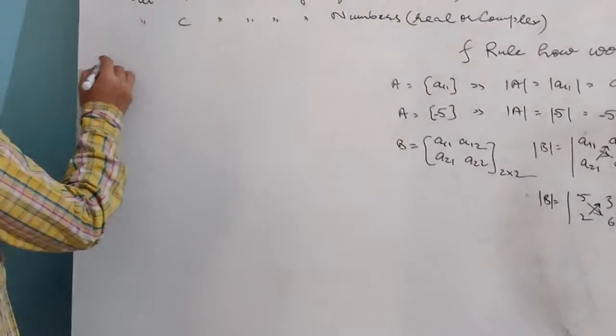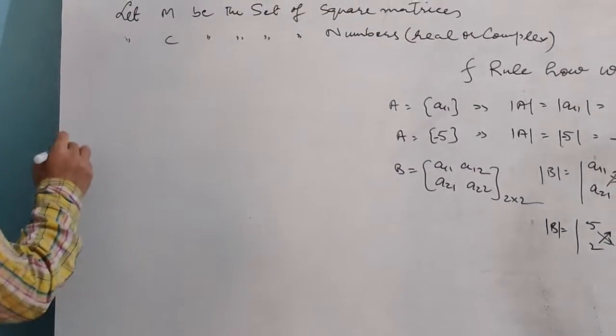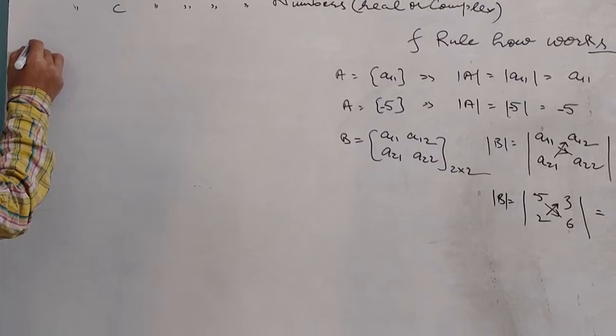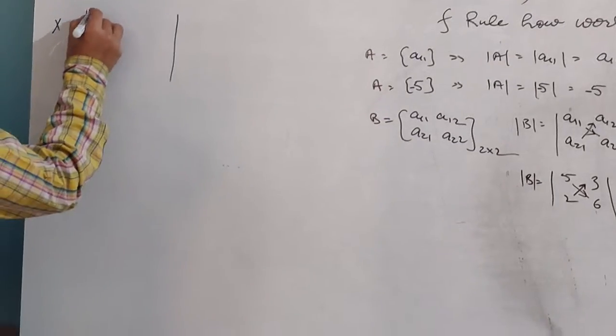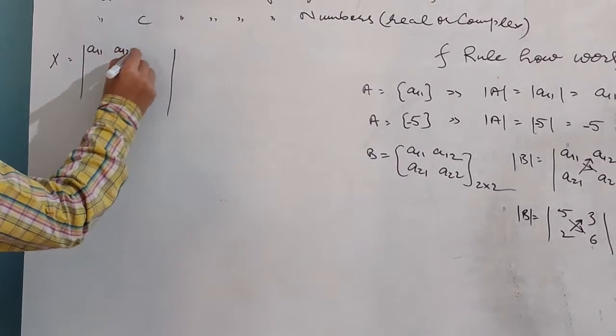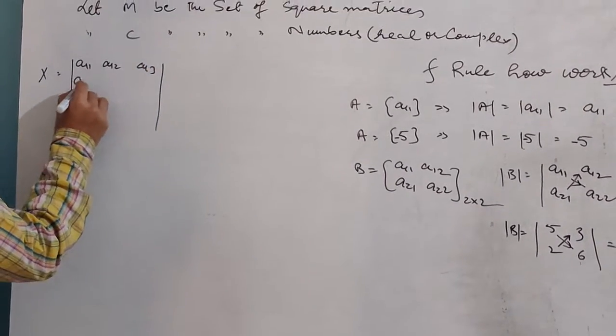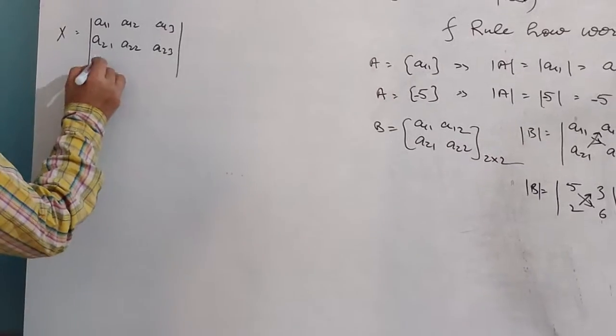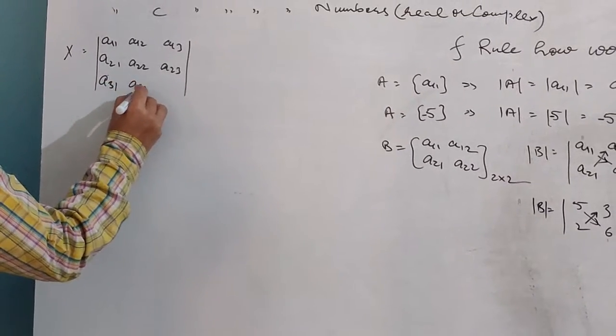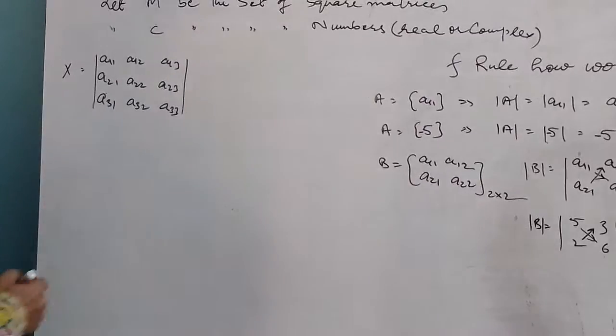If you have a matrix of order 3 by 3, its determinant can be written as, I will write directly, the determinant a11, a12, a13, a21, a22, a23, a31, a32, a33.